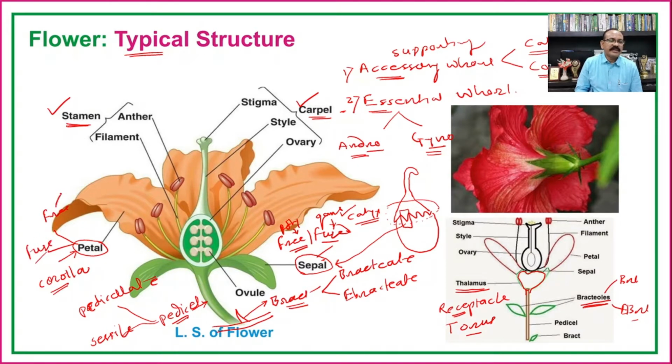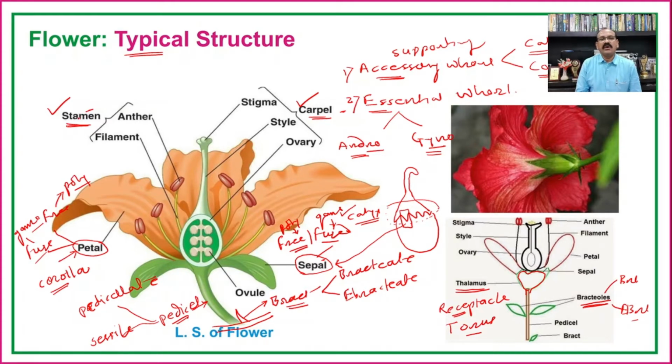If the petals are free, then it is known as polypetalous, and if the petals are fused, then it is known as gamopetalous.